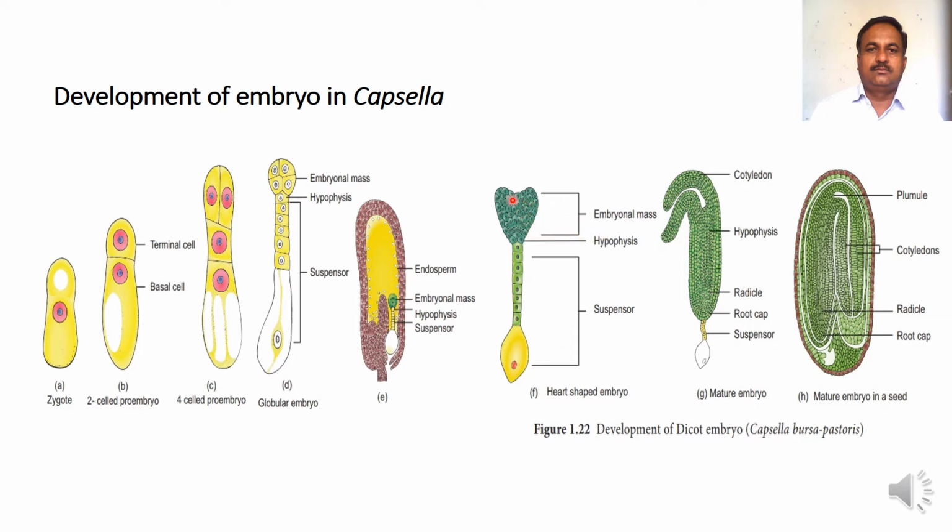The cells of the embryonal mass undergo further division and give rise to cotyledons. These are the cotyledons. This is the hypophysis. This is the radicle, and here a root cap is located. This is a degenerating suspensor.